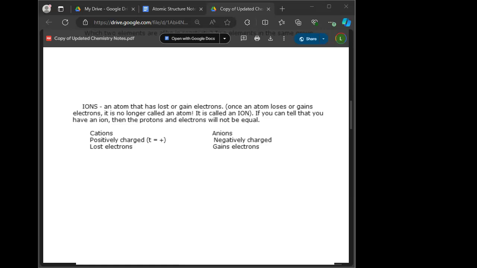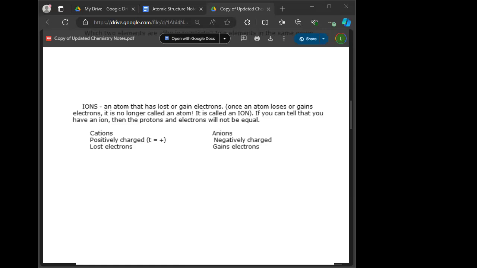Okay, now let's talk about why. Like I said, I think it's confusing to people why cations are positive if they're losing electrons. But we need to keep in mind that electrons are negative. And you could kind of think about it like with people.